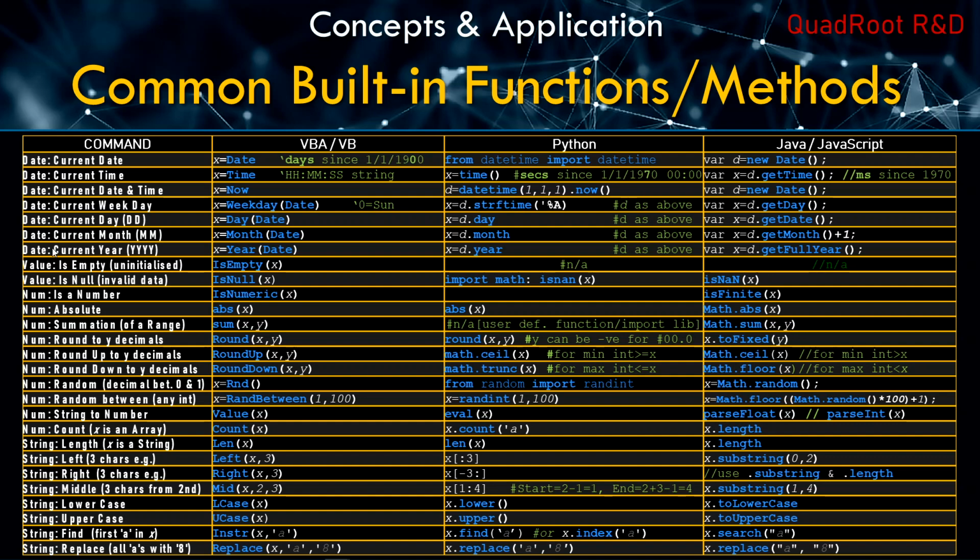And the next set of functions have to do with the value. And then the third set of the functions are to do with numerals. And the fourth set are to do with strings. These are called string functions. So you have string functions, numerical functions, value functions, and date functions. Of course, there are other functions, but these are the most common and the most useful ones, rather.